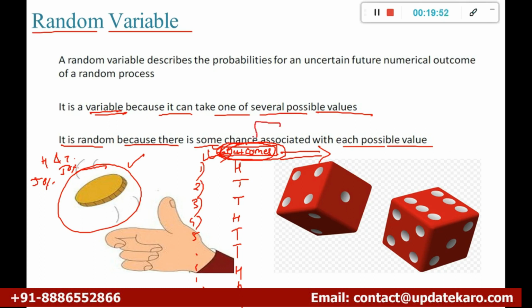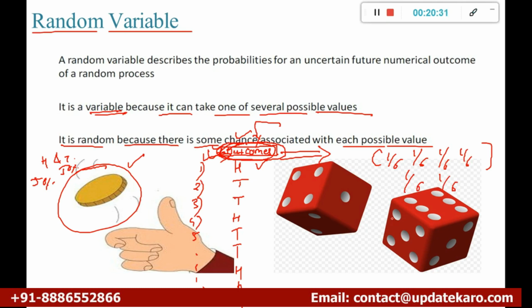As I am storing them within it, I am calling it a random variable, because it can take one of several possible values, and all those possible values have some chance associated with them. Something like 1 by 6, 1 by 6, 1 by 6, 1 by 6. This is the chance associated with all the 6 values.